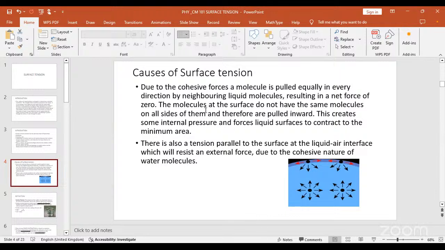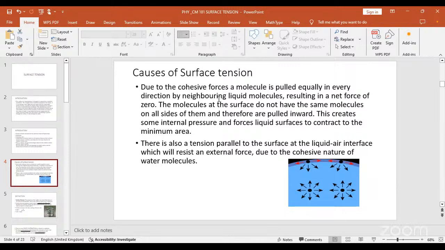It will be stretched, as most of the forces are pulled inside. So the cause of surface tension is mostly attributed to the attraction of molecules to each other, so that the net attraction is towards the inside, because there are no other similar molecules outside the region to give the molecules at the edge the same kind of pull.